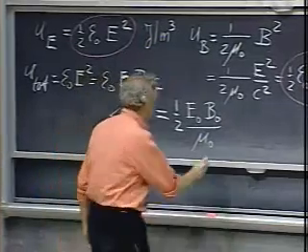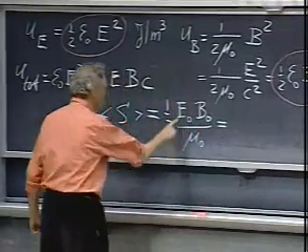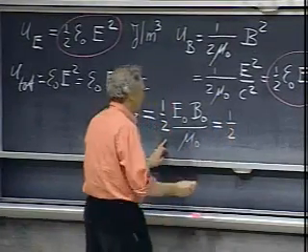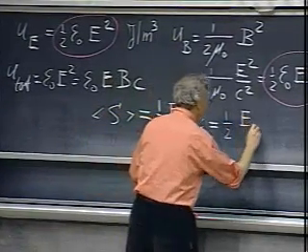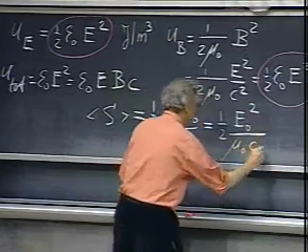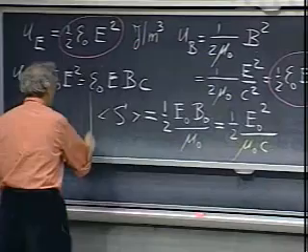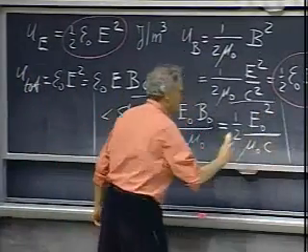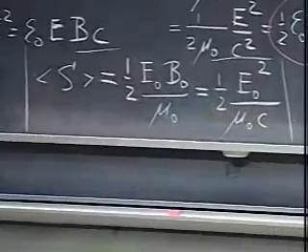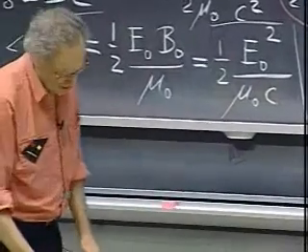And if you want to write it only in terms of E0, then you can write down 1/2 E0 squared divided by mu 0 times C. So this is the more practical equation that gives you a number which is time averaged over the oscillations.